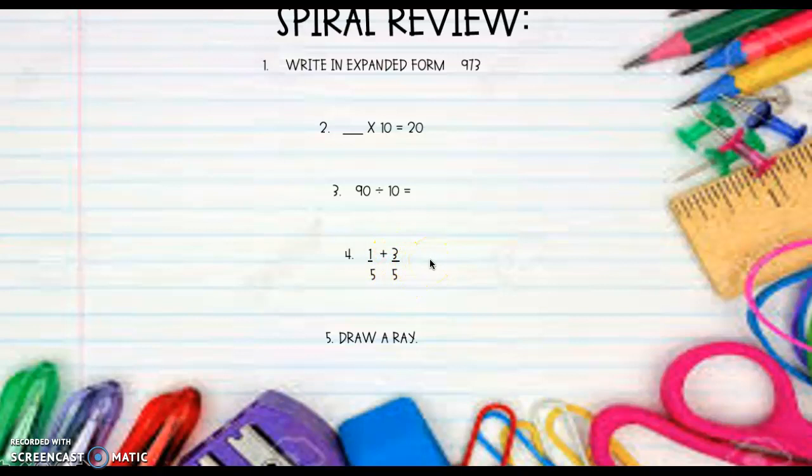When you add those two fractions together, what do you get? And lastly, number 5 says draw a ray. So you're going to see the answer to this one in the next slide. So you'll automatically get number 5 right. So those are your 5 problems that you will need to work on for today.